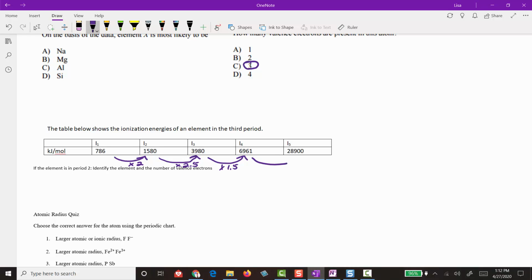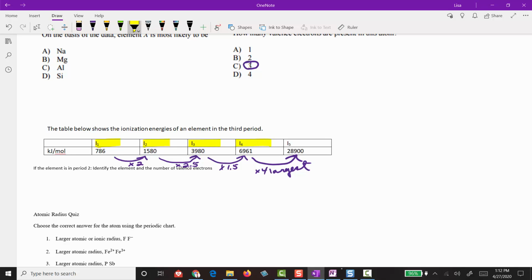But then here to here, boom, there's the largest increase right there. That's about 4 times. Okay, so all of the electrons before that one that took tons of energy are valence. So for this one, I have 1, 2, 3, 4 valence electrons.